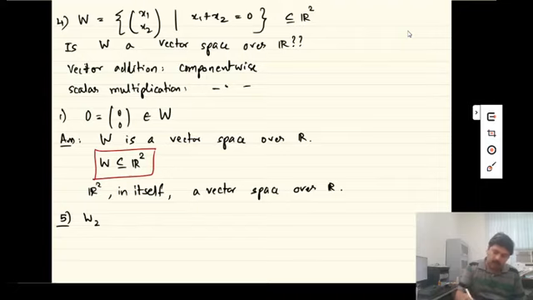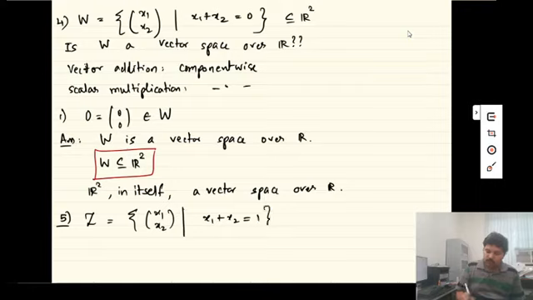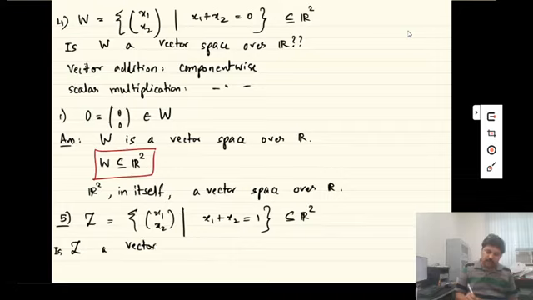So another example. If I call this W, then if I call this set Z to be the set of all vectors (x1, x2) such that x1 plus x2 is equal to 1, then is Z a vector space over R?